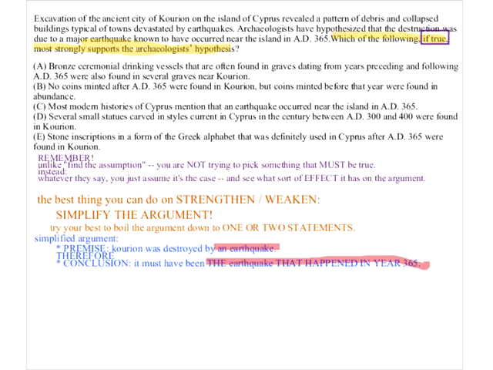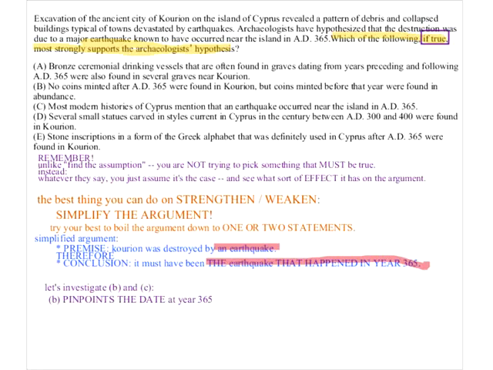The most popular, almost all of you picked either B or C. So let's investigate B and C. B pinpoints the date at year 365. Because this says there were tons of coins from before 365 and there were no coins at all after 365.